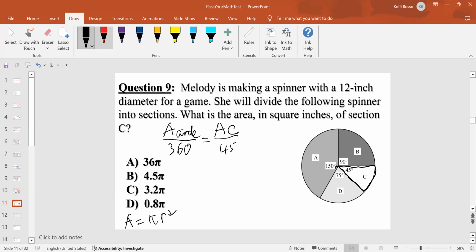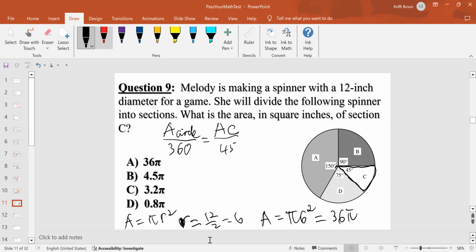To find the radius, r, we divide the diameter by 2. So the radius r is equal to 12 divided by 2, which is 6. So the area of the entire circle is pi multiplied by 6 squared, which is 36 pi.